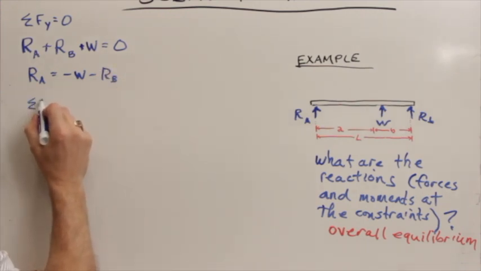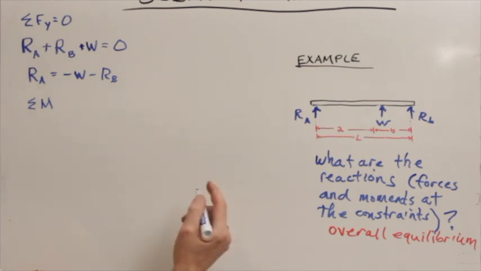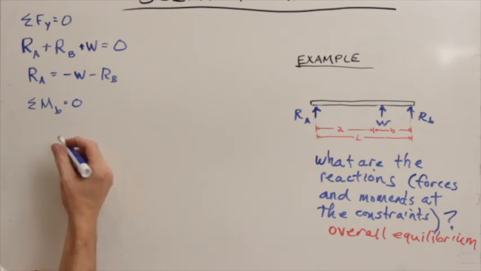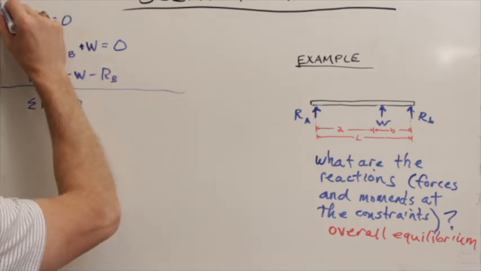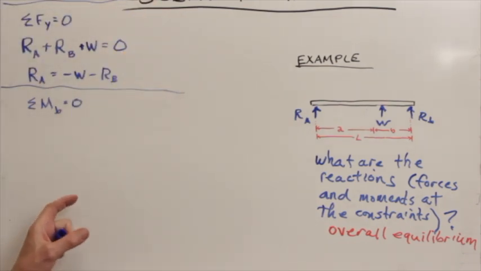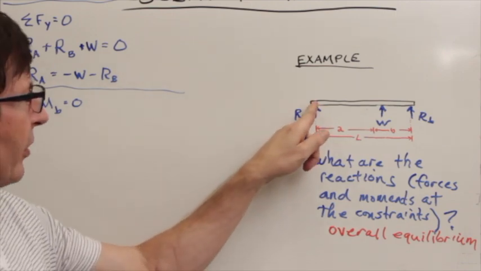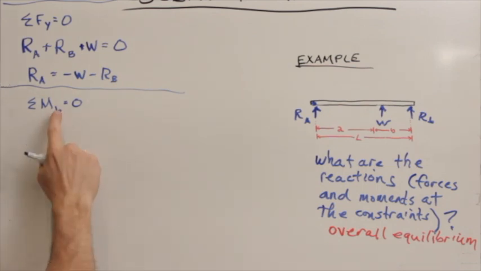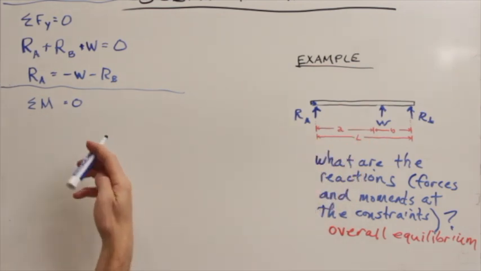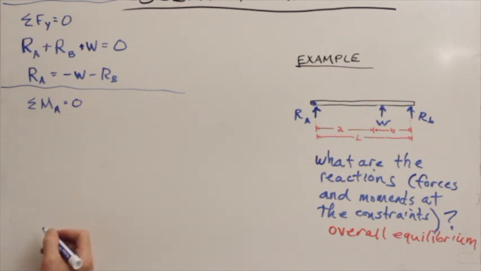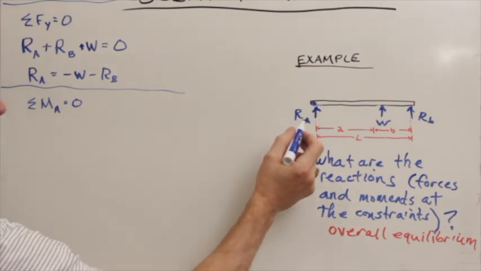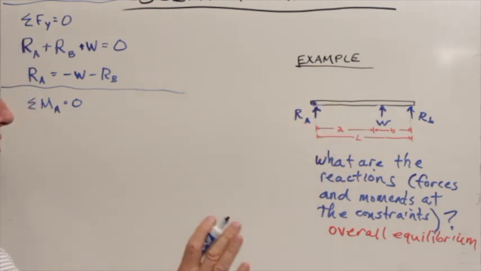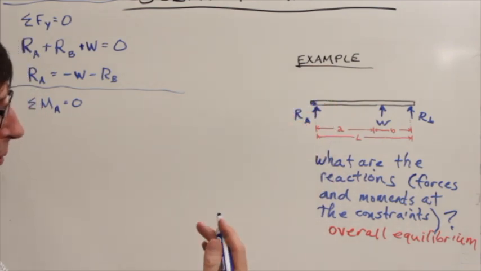Now the sum of the moments coming out of the board, we're going to call those bending moments, has to be equal to 0. So we need to pick a good place to take the moment about. Why don't we just take it about this point here at A. So instead of using bending and getting confused with point B, we'll just say about A. The force at A, due to the reaction, operates through that point, so it has no contribution to bending.